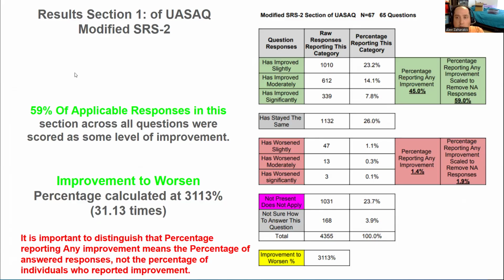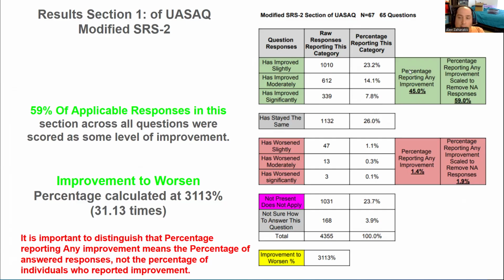on these questions? What fraction of them improved moderately? What fraction improved significantly? So, 23% of all the responses, which is about 1,000 responses, were checking the box for improved slightly, about 14% for moderate improvement, and about 7.8% for significant improvement. And if we add up the totality of the improvement here, there's about 45% representation of improved responses.